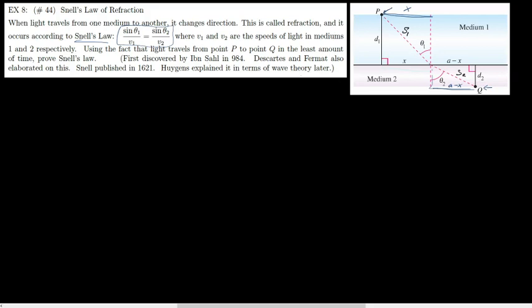So that's for distance. But we want the amount of time that it takes, right? So I'm sure you remember that distance equals speed times time, right? And this is true, of course, when we're talking about constant speed, and it's pretty fair to say that within each medium, light travels at a constant speed, the speed of light.